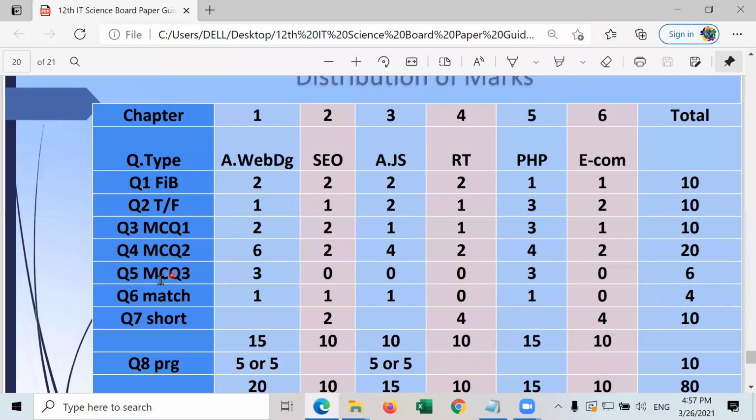So for MCQ with 3 correct answers, you have to study chapter number 1 and 5. Do not study the rest of the chapters. For question number 6, that is match the following pairs, you do not have to study chapter number 4 and 6 because there are no marks allocated for these chapters for this question.